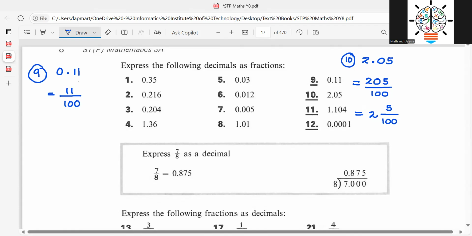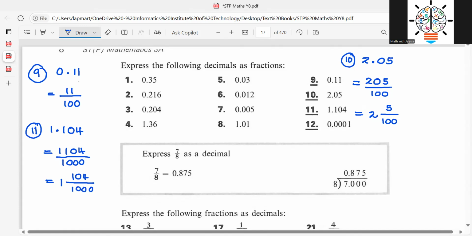So then the 11th one, you write 1.104. Then I can write this as 1104 over 1000, right? So then it is 1 and 104 over 1000.